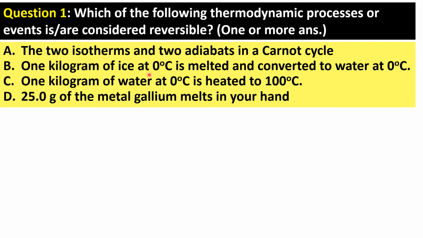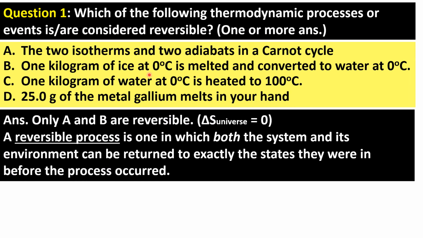Okay. Our answers are: only options A and B are considered reversible, where the change in entropy of the whole universe, the change in entropy being labeled as delta S, in any reversible process, such as A and B, remains constant.